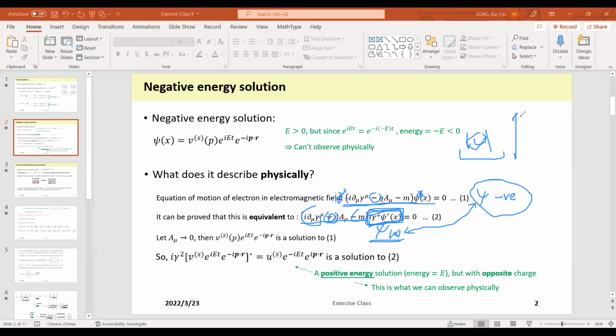So here we have a bunch of negative energy states and a bunch of positive energy states. But here the energy is not potential energy plus kinetic energy. It's only kinetic energy plus mass energy.